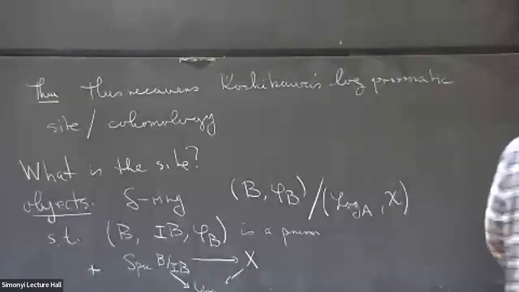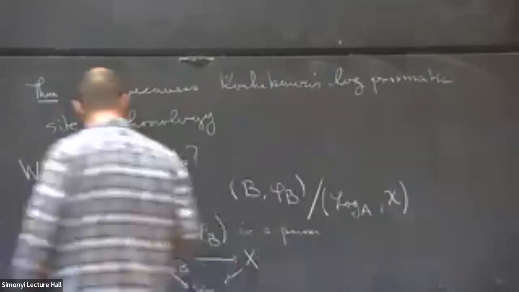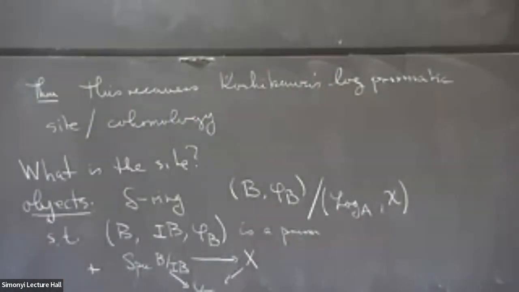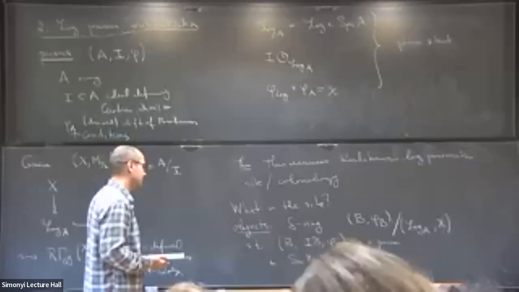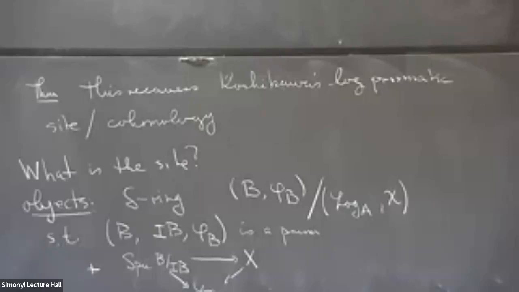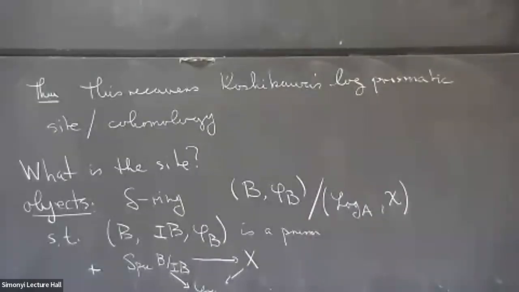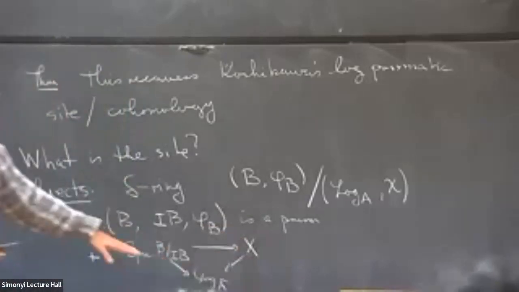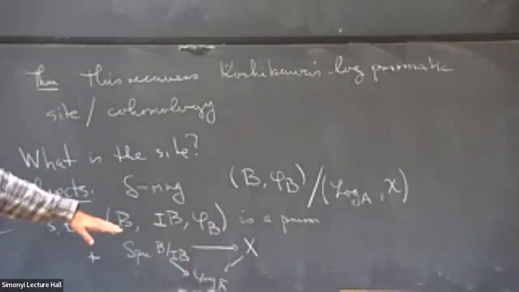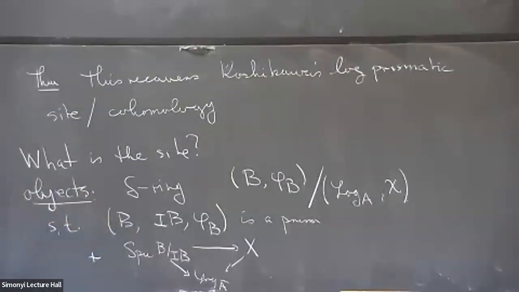But so there's no non-degeneracy conditions? The only condition is that IB is the invertible ideal in B. Let's see. No, sorry. I think I probably do want, no, I don't. I think I want it to be a prism over the base prism. But what's the non-degeneracy?